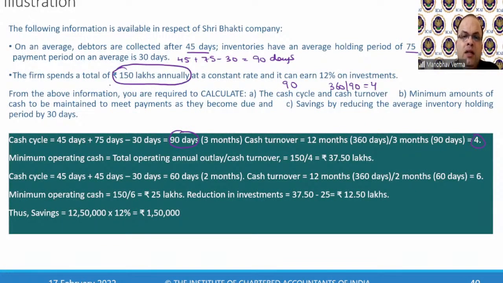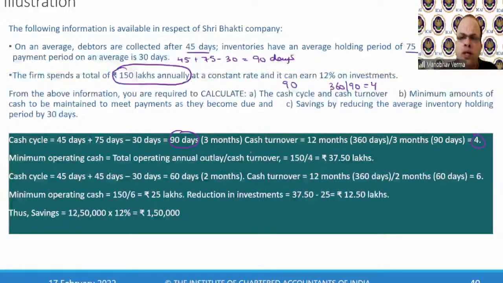Since there is a cash turnover of 4 times, at all times you need a minimum operating cash of 150 divided by 4, because we have 4 cycles in a year. That means our minimum operating cash would be 37.5 lakhs. That is 150 by 4, right? That's something we need to have.